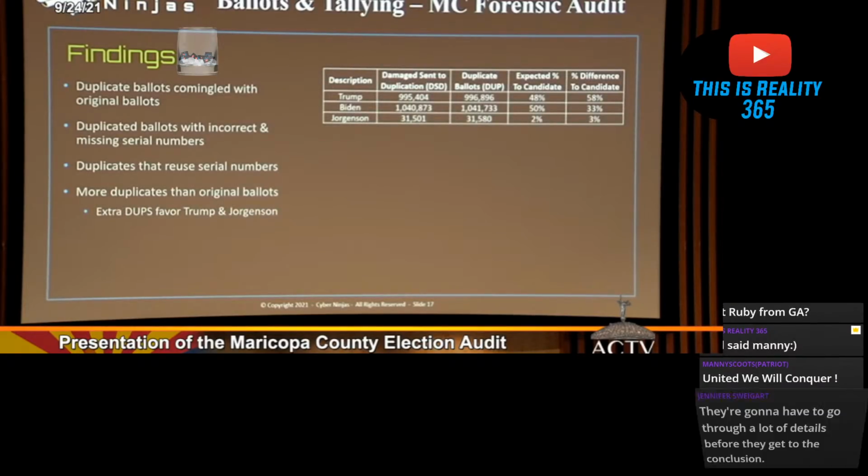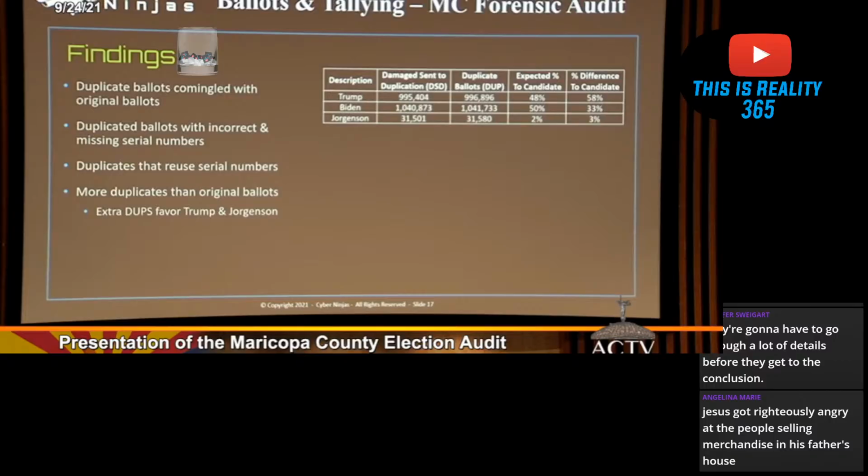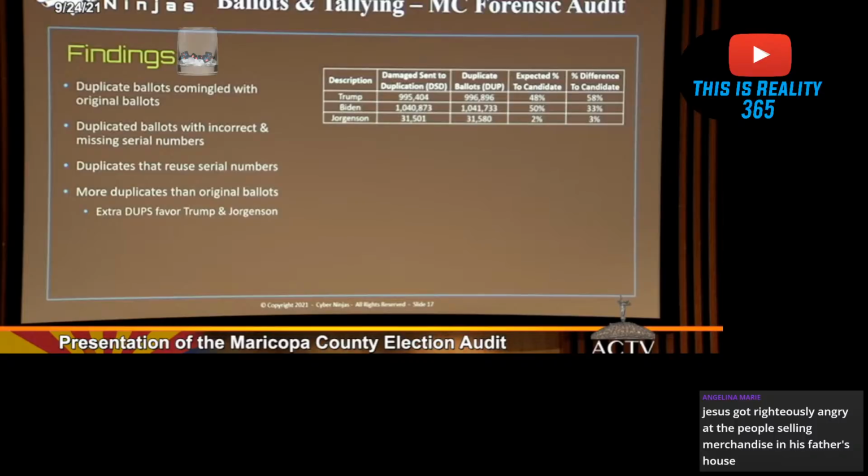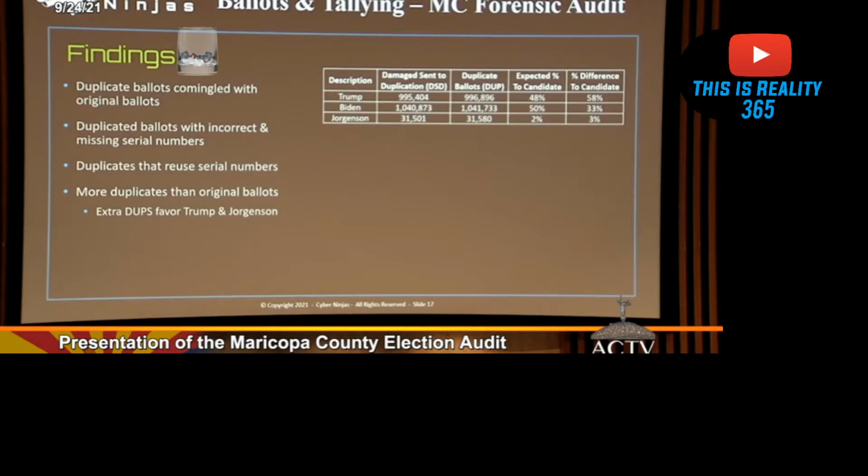Now, these extra duplicates did appear to favor Trump and Jorgensen. If you take a look at the original ballots, we've got Trump has 995,404, and if you take a look at the duplicates, there's some number of more of them. So if you take a look at the percentage all the way over to the right, the expected percentage per candidate, and that's based on if we take the originals and assume the duplicates should be at the same exact percentage.